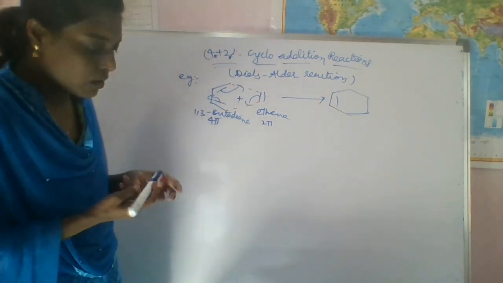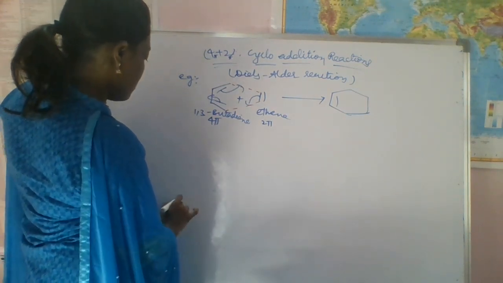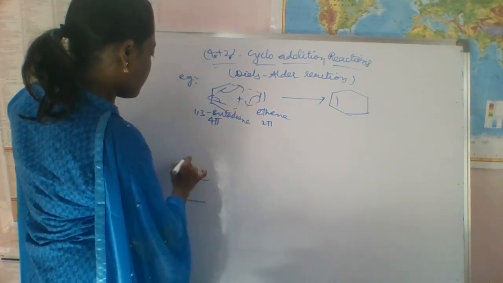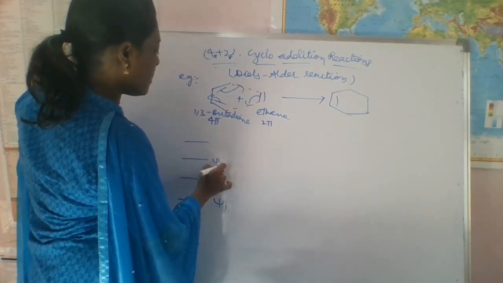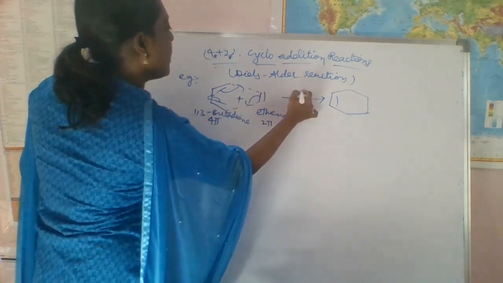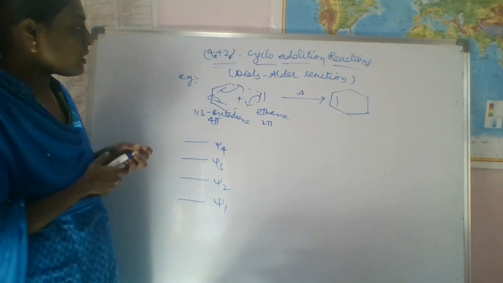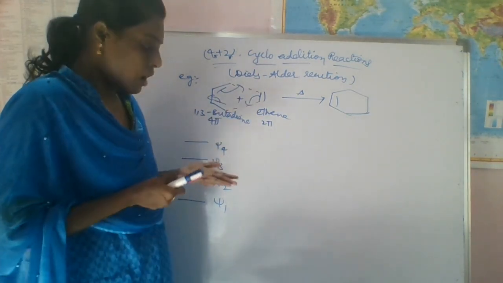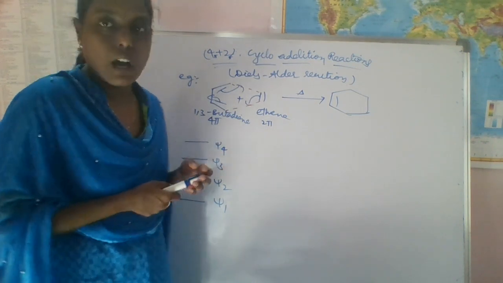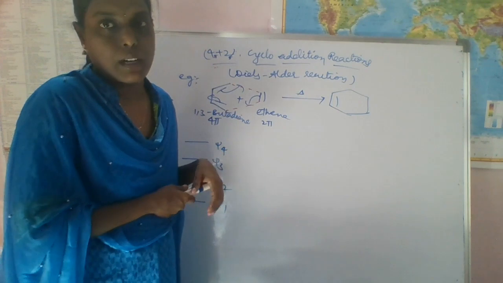Next, if you see here, 4 pi electrons means how many orbitals are there? There are 4 orbitals, which are psi 1, psi 2, psi 3, psi 4, right? And here you have to remember that these reactions are thermally allowed and photochemically forbidden reactions, right?